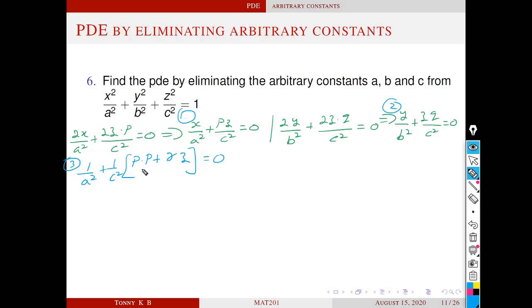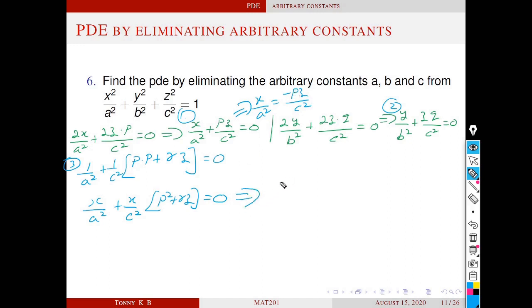So we have to eliminate the arbitrary constants a, b, c using these 1, 2 and 3. 1 implies x by a square is equal to minus pz by c square. So we multiply equation number 3 by x. So what happened? So this becomes this x by a square is minus pz by c square.